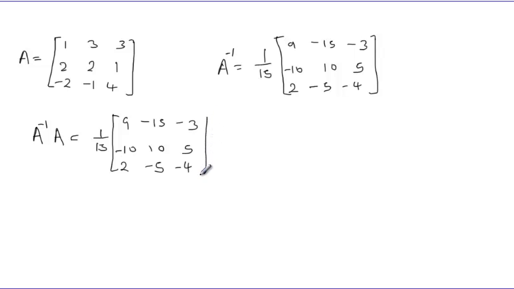And copying the original matrix A, remember this is the inverse of A. Now we copy A as 1 3 3, 2 2 1, minus 2 minus 1 and 4. Now we're going to carefully do the multiplication.